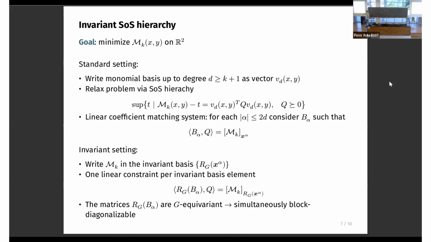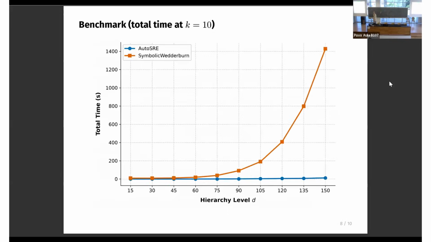And then if you do that, you have an SDP which is totally equivariant. And you can start to block diagonalize it, and then you follow the algorithm. And then here's, for instance, what we get.